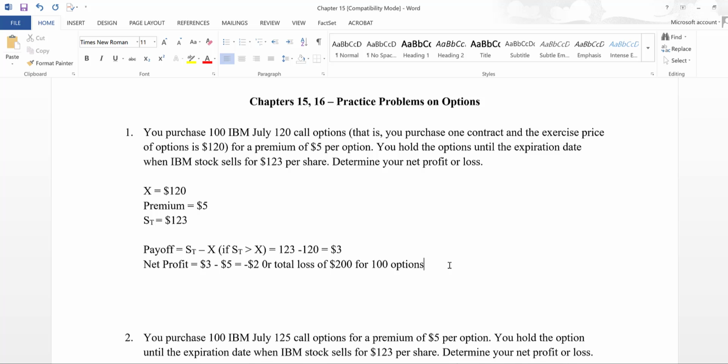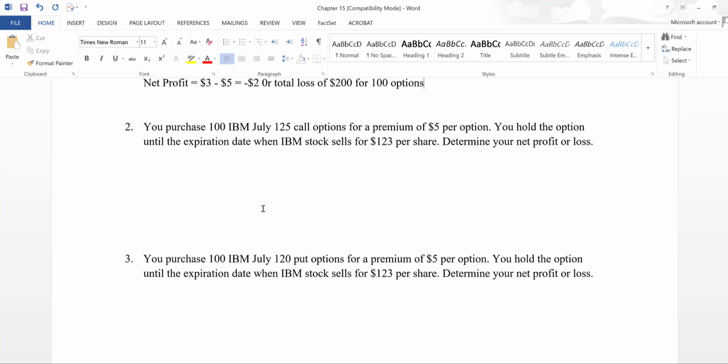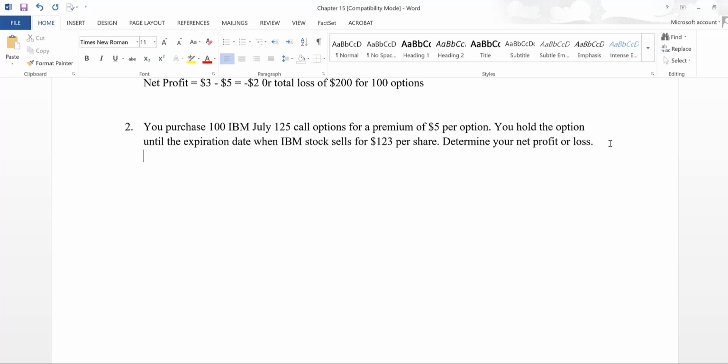Okay, next one, again you are purchasing call options here, same as the first one. In this case, the exercise price of the option is 125. Stock price at expiration is 123 as before.